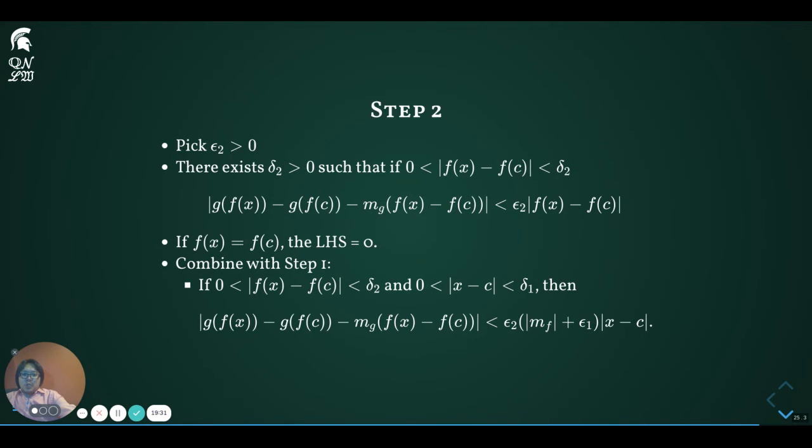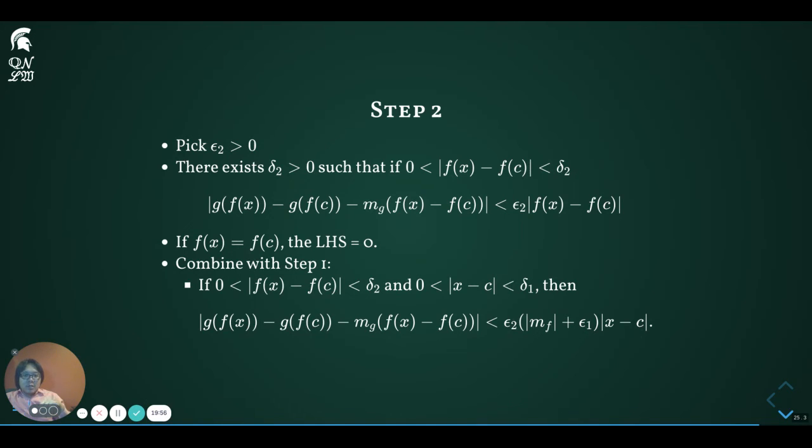Revisiting what we said a bit earlier, notice that if f of x and f of c agree, but x and c are not identical, the left-hand side of this expression evaluates to 0, and the right-hand side is positive. So this inequality also holds without the restriction that f of x is not equal to f of c.